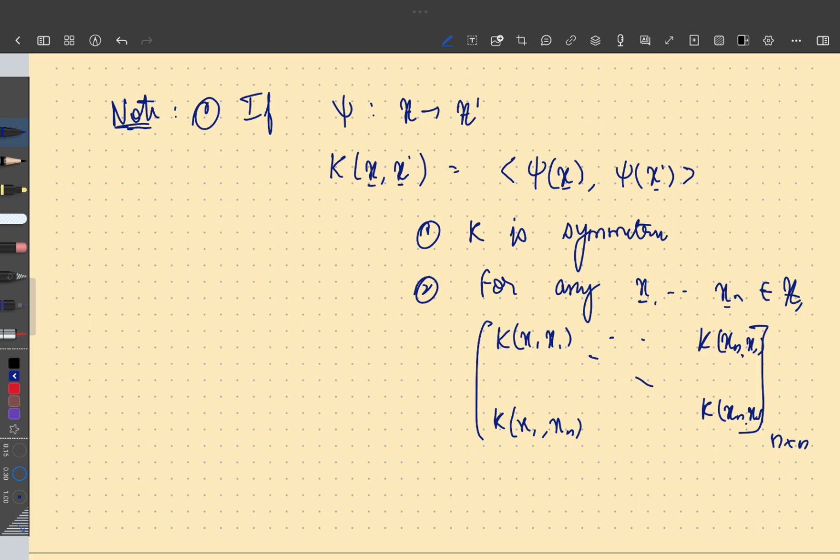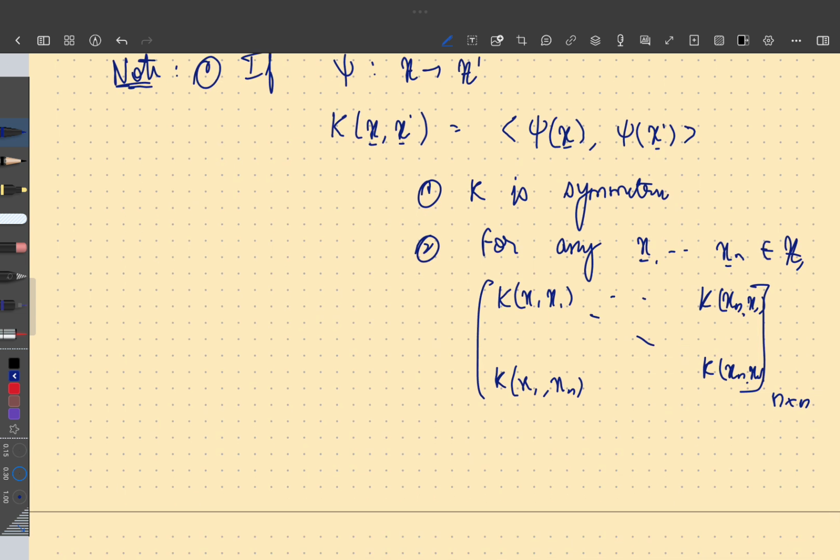So no matter how I choose the points x1 through xn, this matrix is guaranteed to be symmetric and positive definite. Or at least it's guaranteed to be symmetric and positive semi-definite.